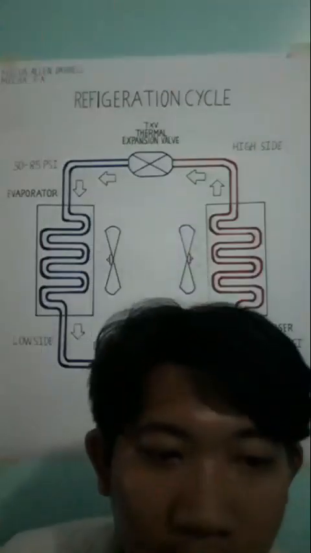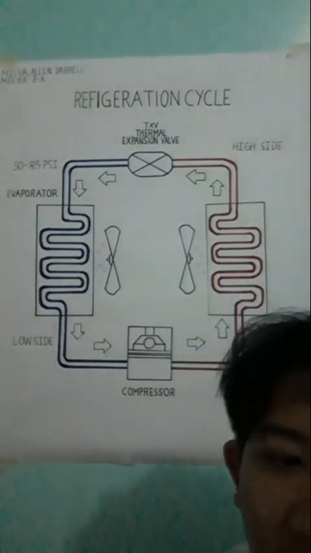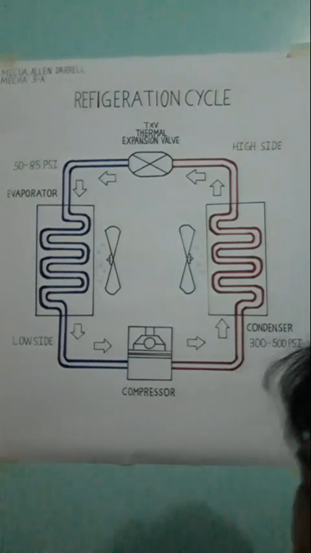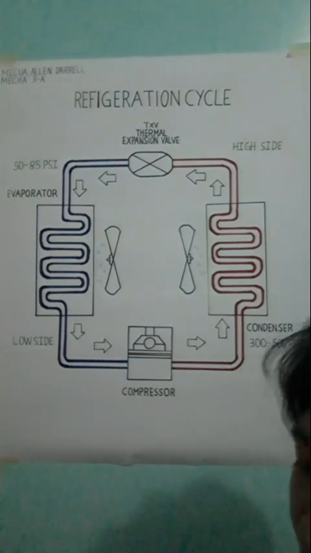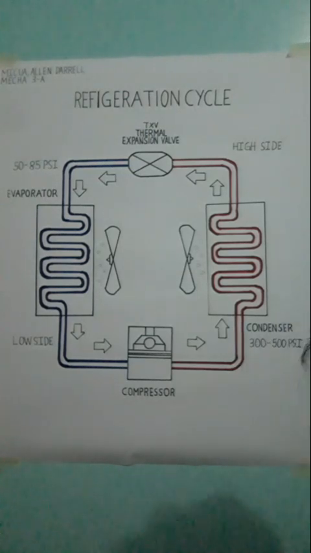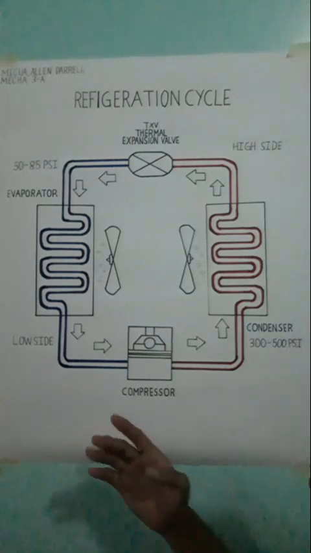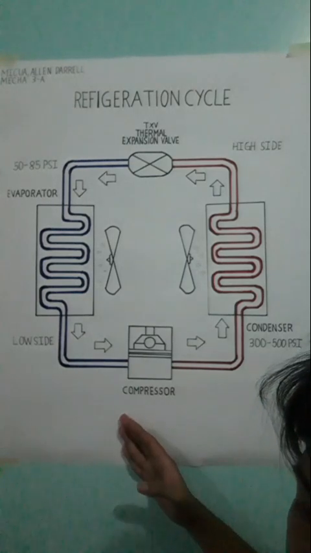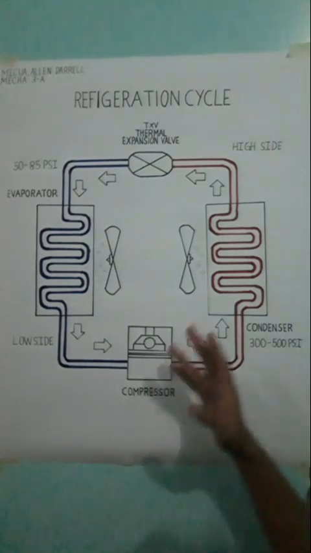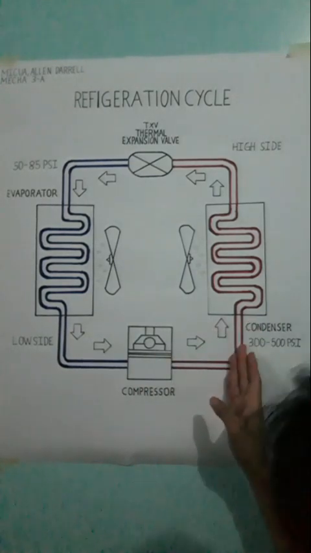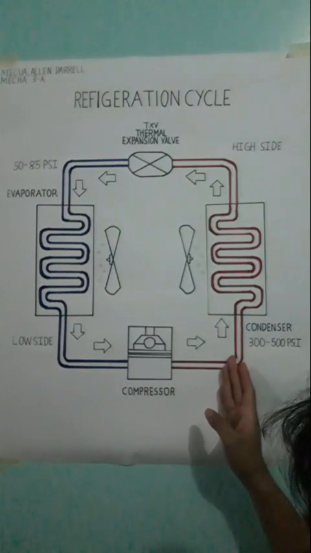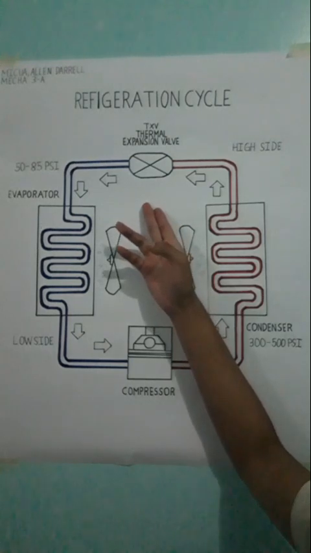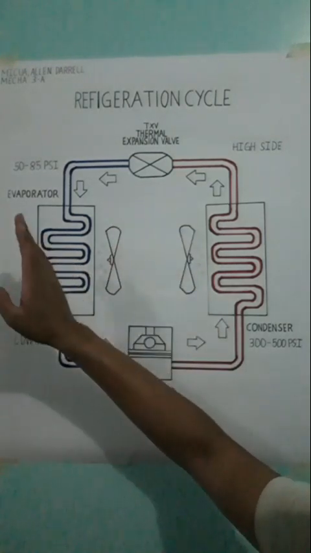So, at the heart of every refrigeration system is a cycle composed of four main components: the compressor, condenser, the expansion valve, and the evaporator.